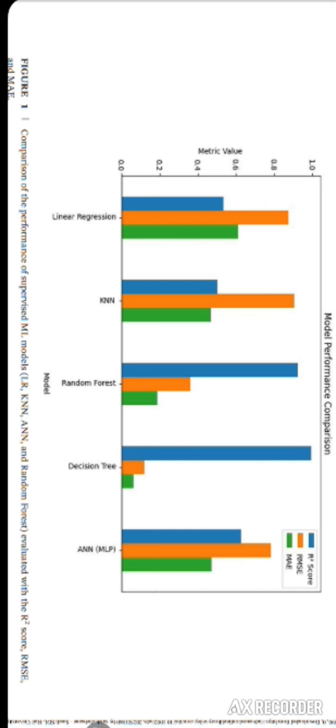They use linear regression, KNN, random forest, decision tree, and ANN, and they determine R square, root mean square error, and mean absolute error values for each one. Based on this, they found that random forest achieves a very good R squared value.